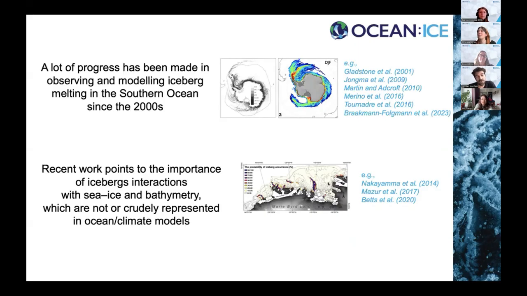Recent work points to the importance of icebergs' interactions with sea ice and bathymetry. This is very important for fast ice, polynyas, and the representation of water masses. And these processes are currently not or very crudely represented in ocean and climate models. And you will also hear a few presentations about this today.